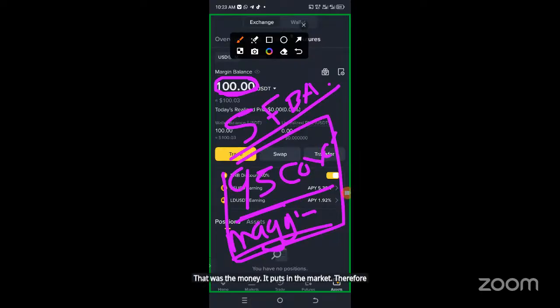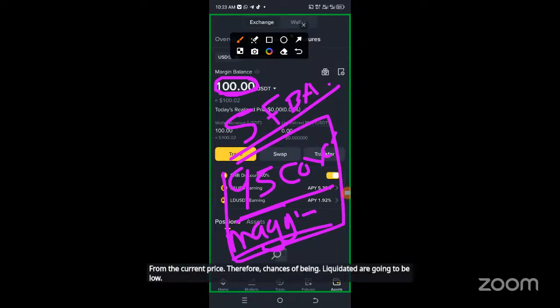Therefore, your liquidation price runs far away from the current price. Therefore, chances of being liquidated are going to be low.